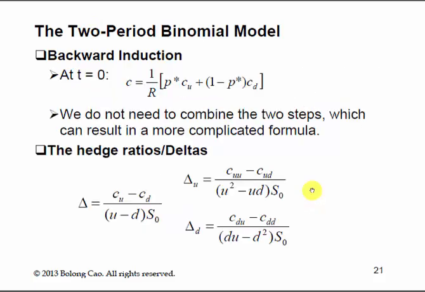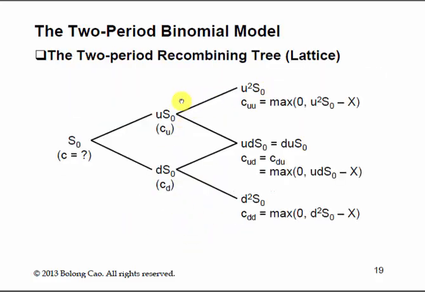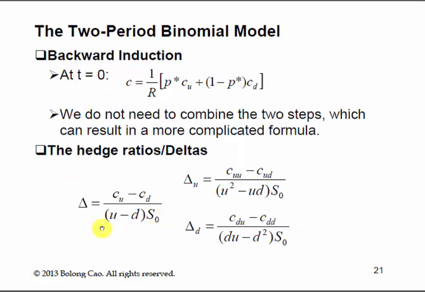All right, we have talked about all this calculation along the different nodes. Either in the upstate in the first period, or the downstate in the first period, or initial at time zero, we actually have different deltas.